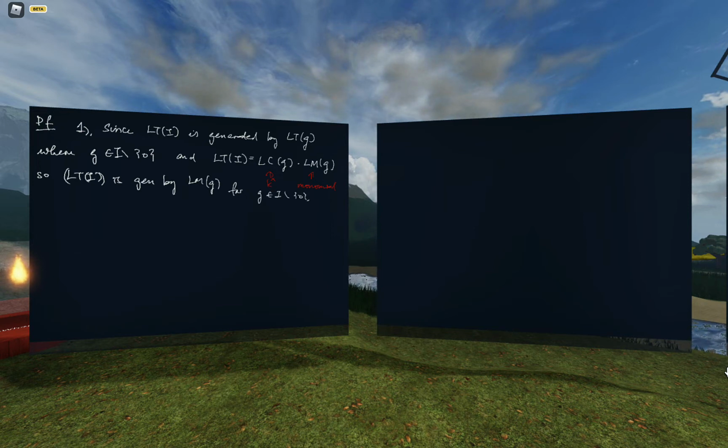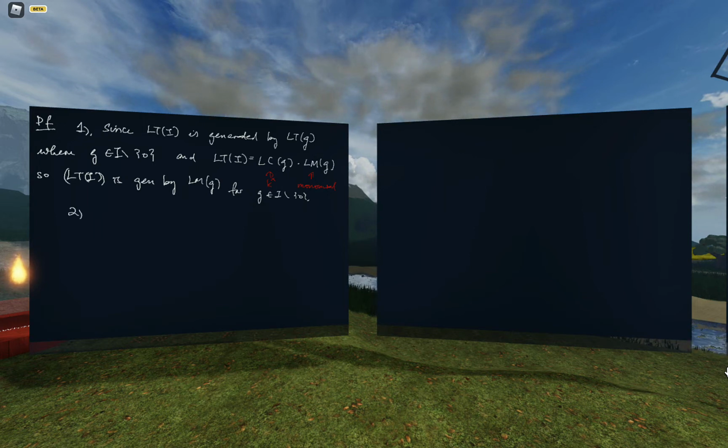The definition of a monomial ideal is that it's generated by a bunch of monomials, so that's it. Okay, so that's one. Now we know that LT(I) is a monomial ideal, so we can use Dickson's lemma from last week to give us claim number 2.